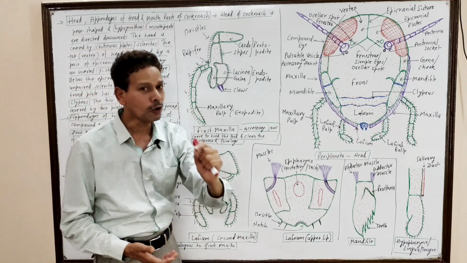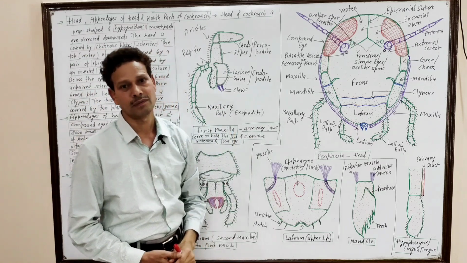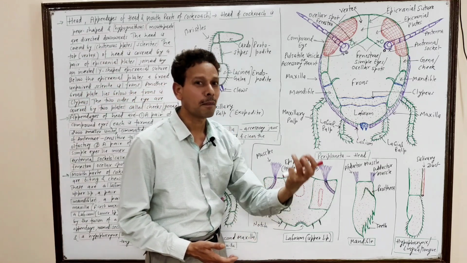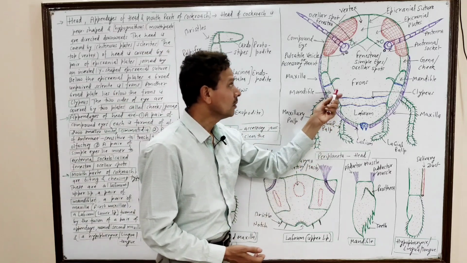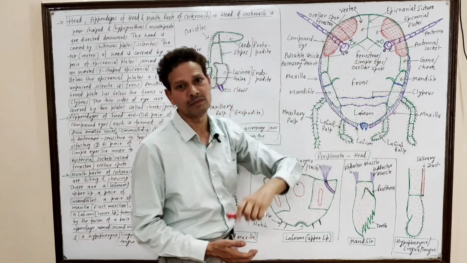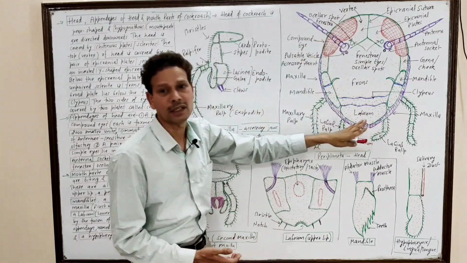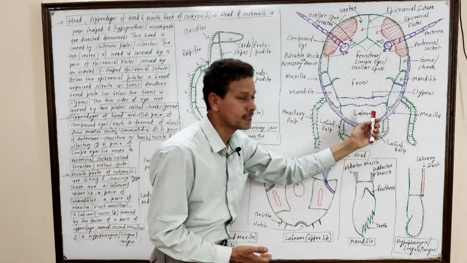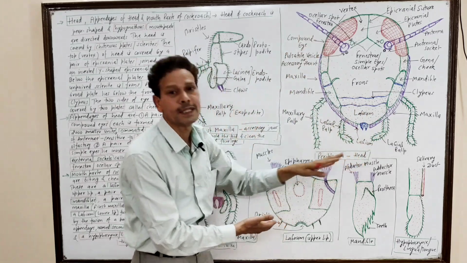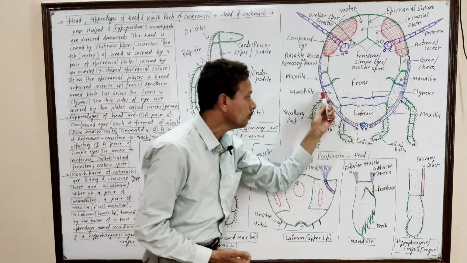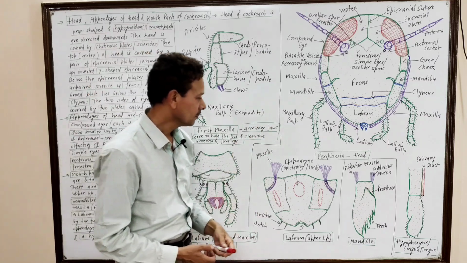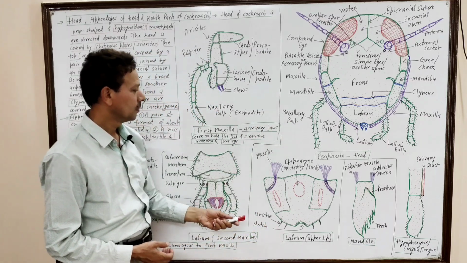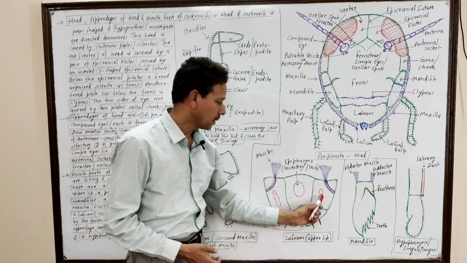Note down, mouth parts of cockroach are biting and chewing type, and the head of cockroach is hypognathous, as mouth parts are directed downwards. The mouth parts of cockroach are a labrum.